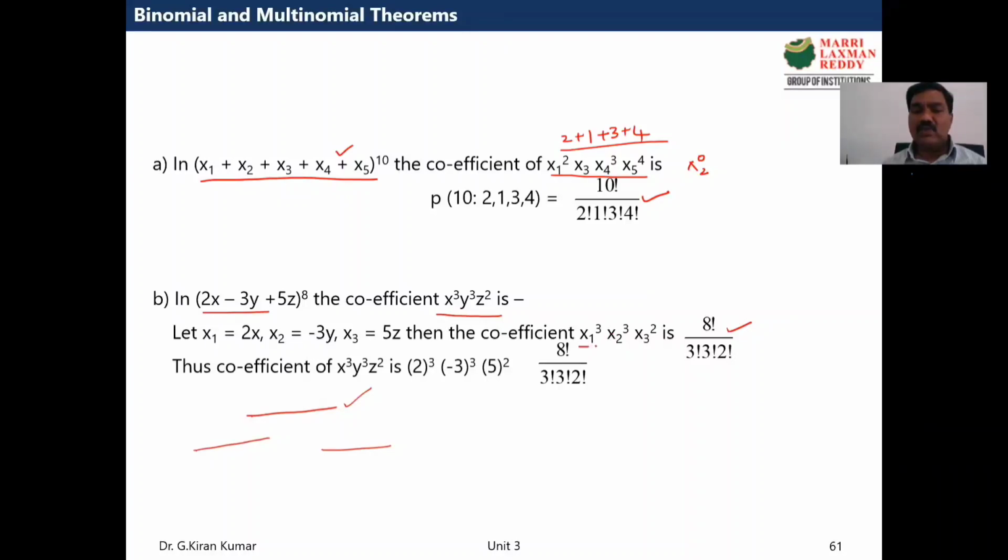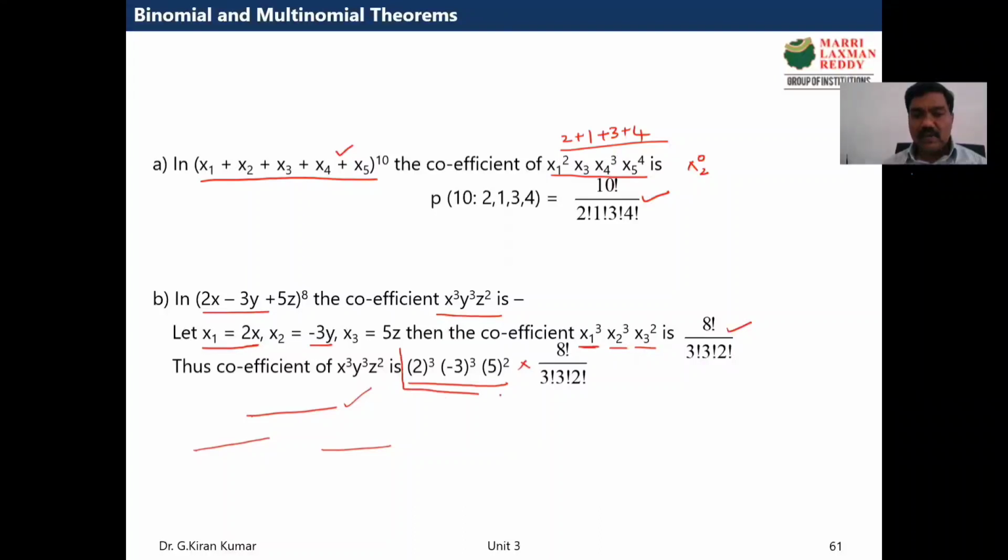But however, what is x1? 2x. So you substitute 2x here. Then what is x2? Minus 3y. So you substitute minus 3y. Then in place of x3, you substitute 5z. Then the coefficient of x cube, y cube, z square will be 2 cube into minus 3 cube, into 5 square, into this.